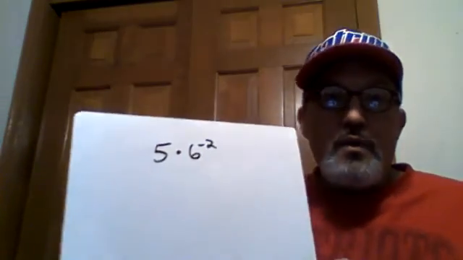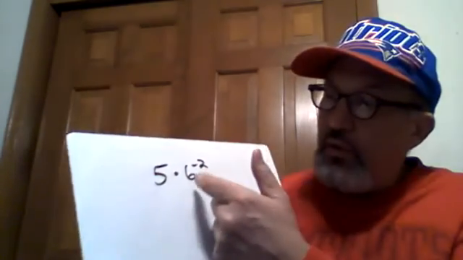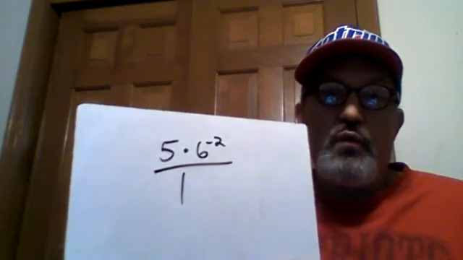Even if you have what I consider a normal kind of situation, you've got 5 times 6 to the -2. Well, there doesn't appear to be any denominator here. This could be thought of as 5 times 6 to the -2 over 1.